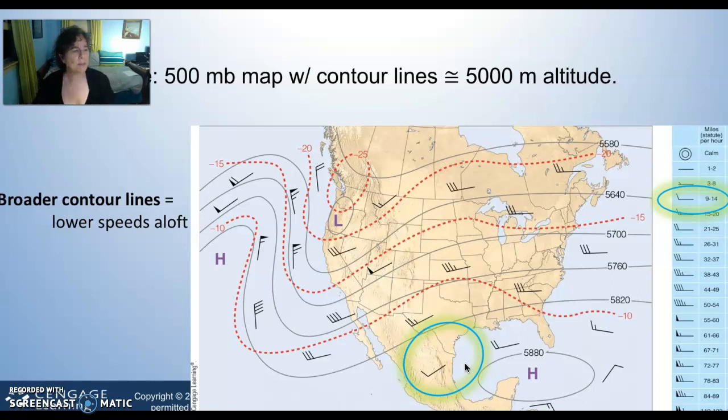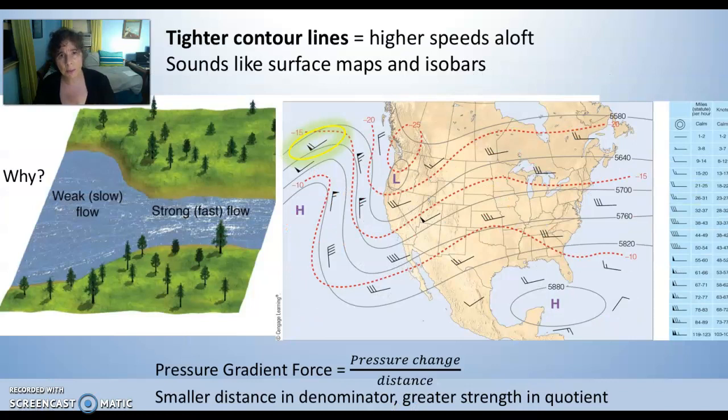Now you may say, boy, that sounds an awful lot like wind speeds at the surface with isobars, and the analogy that we were looking at in regard to the lake, which has a real low flow and a lot of distance between the shoreline, and then the stream, which has a real short distance between its shorelines and the faster flow. That's where you get the babbling brook from.